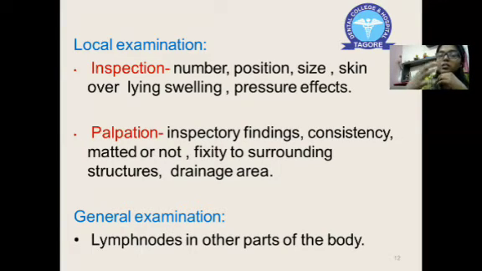And then again, the pressure effects have to be seen. Careful inspection must be made of the whole body to detect any pressure effect due to enlargement of the lymph nodes. Any edema or swelling in the lower limb may be due to enlargement of the inguinal lymph nodes. So that has to be seen.